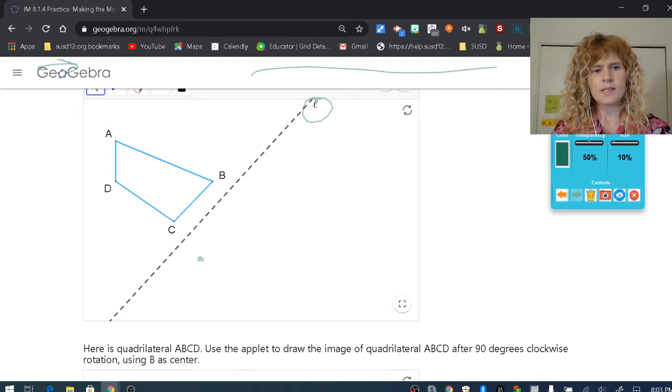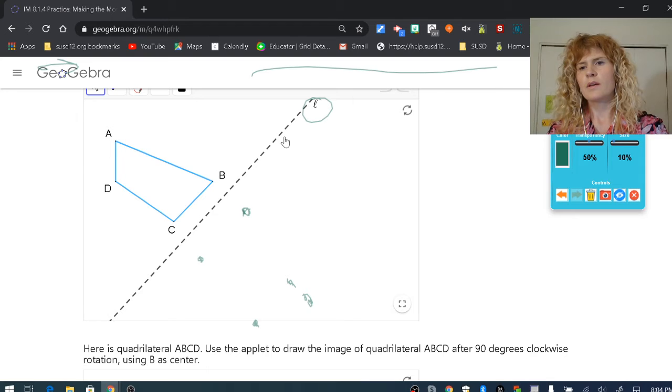Well, point C prime is going to be about here. Point B prime may be about here. And then D prime, I guess about here. And A prime, I guess about here, yeah. I want to erase that one. Okay, let's try drawing it.